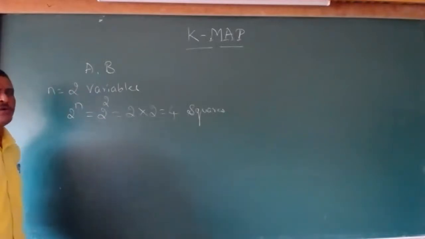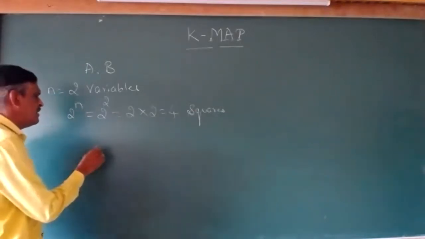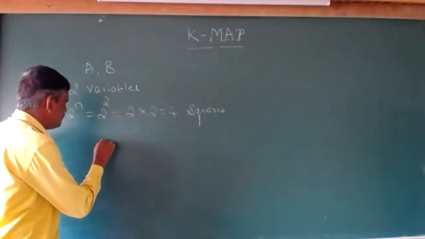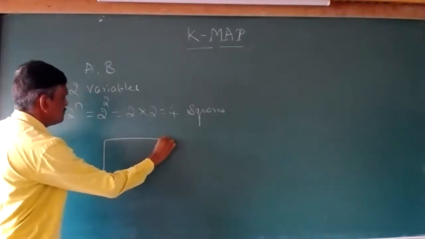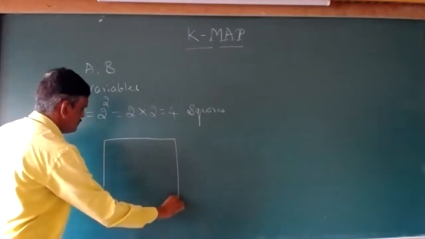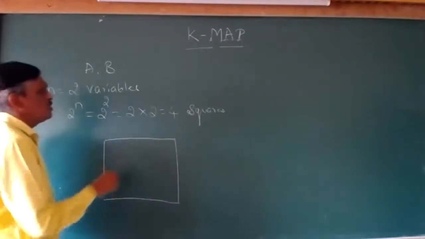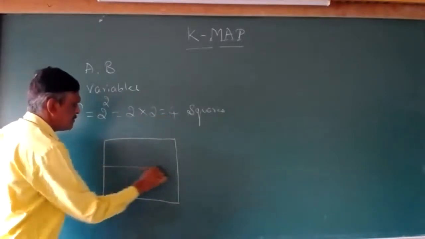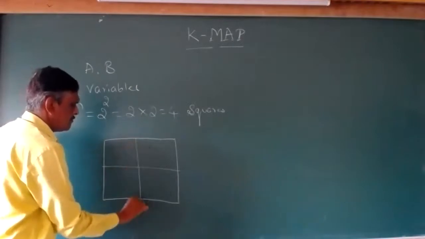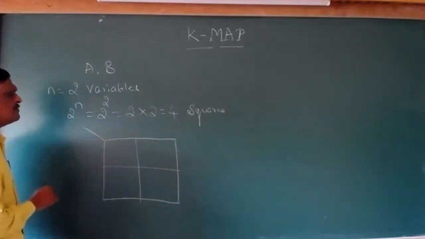Once we know the number of squares present in the K-map, then you can draw it. A K-map looks like this. 2 variable K-map. For 2 variables, how many squares do I need? 4 squares. Then write this line.